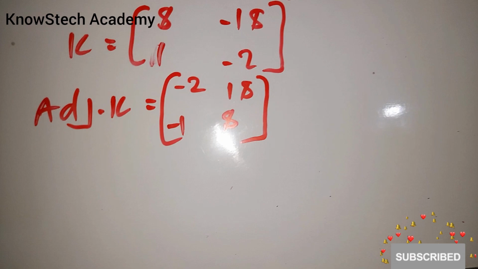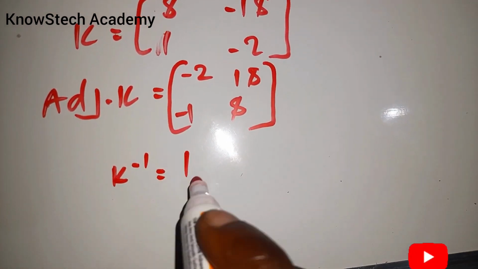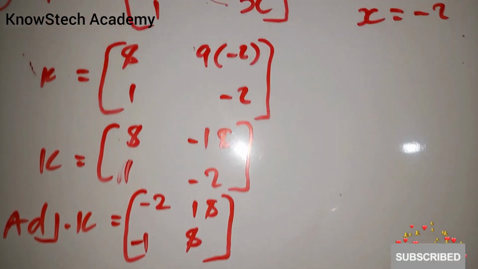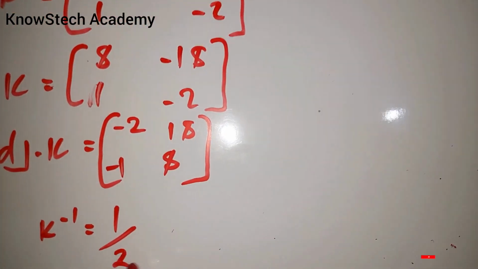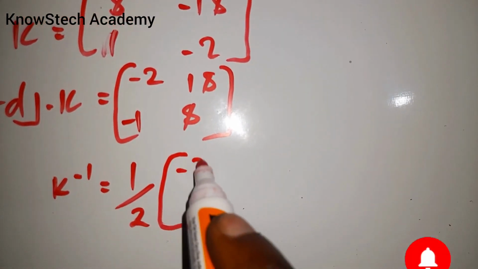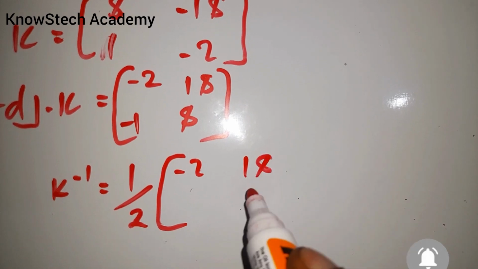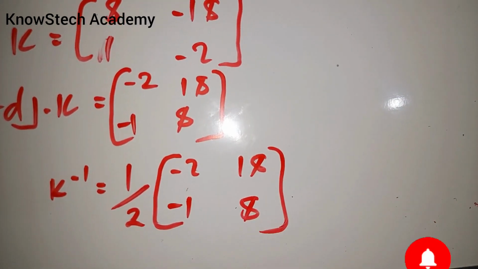Okay, so to find the K inverse will be 1 over the determinant, and we are given the determinant, remember, as +2, multiplied by the adjoint matrix, which is -2, 18, -1, 8.